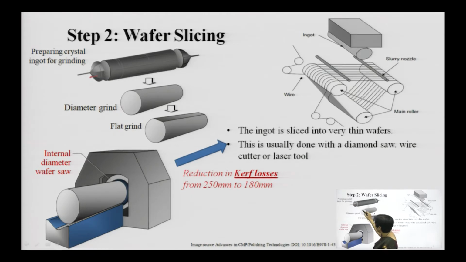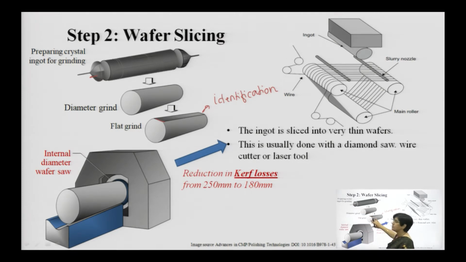We have first made it circular, fixed up its diameter, then we have made something known as a flat. This flat surface is basically used for identification. Now, what is this identification? We will see. You will have one primary flat and one secondary flat, and depending upon the position of those flats, your wafer will be identified.